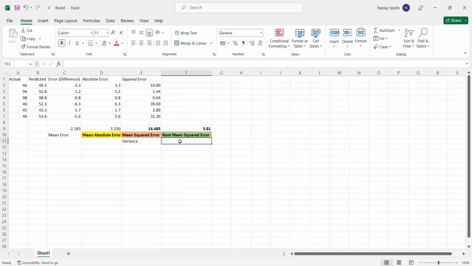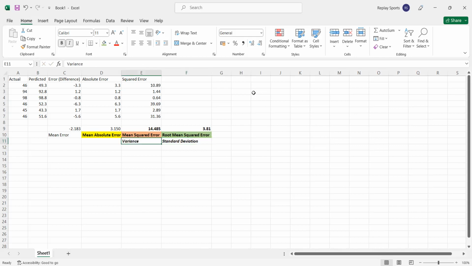In statistics, what we call this is standard deviation. This is why we define standard deviation as the square root of variance.